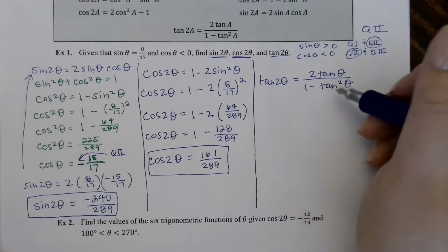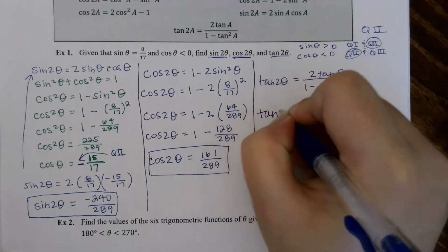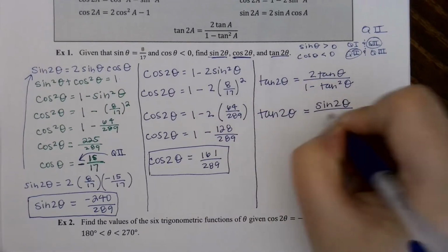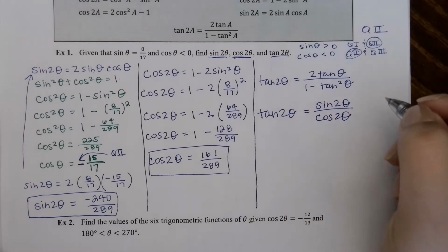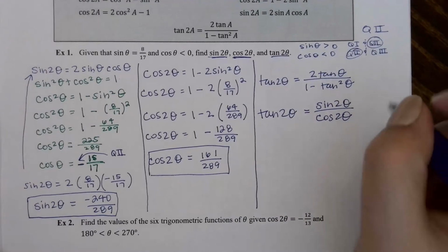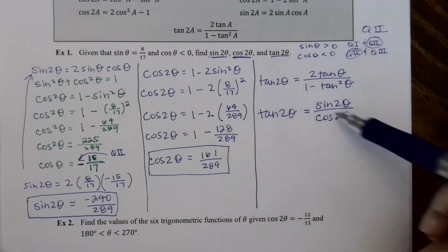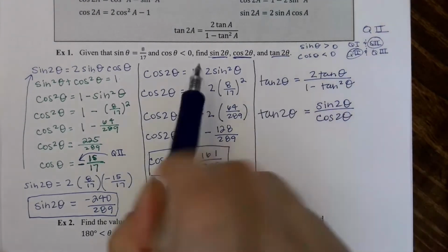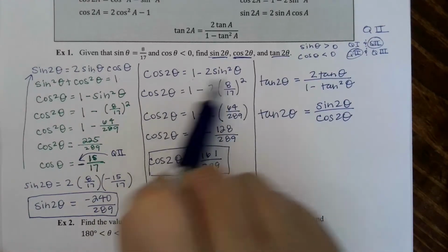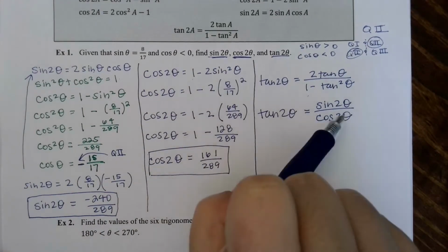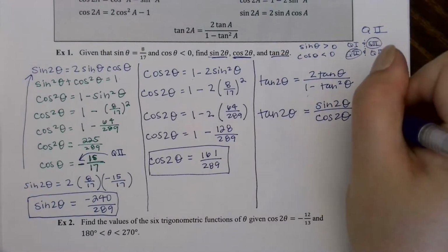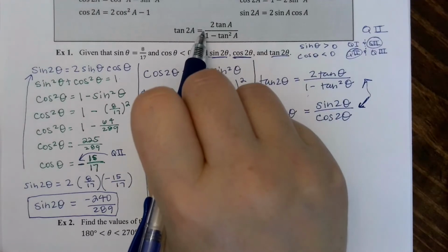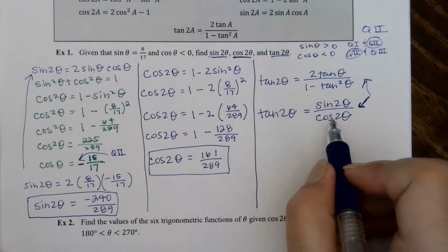An alternate form would be that tan 2 theta is equal to sine 2 theta over cosine 2 theta. If I plugged in the other double angle identities for this formula, I would get that in the denominator. So if you plugged in other double angle identities here, you would end up with this double angle identity. Okay, so we're going to work with this.